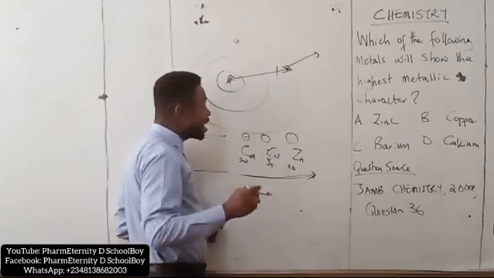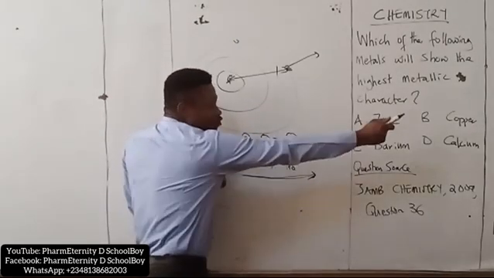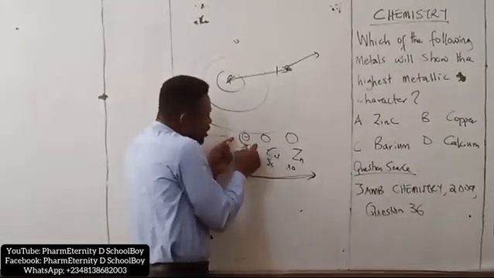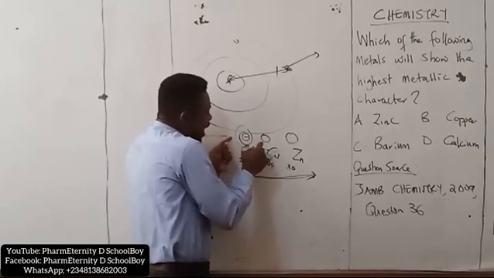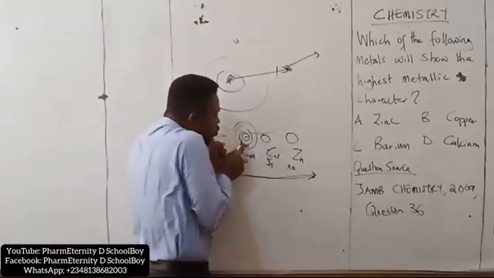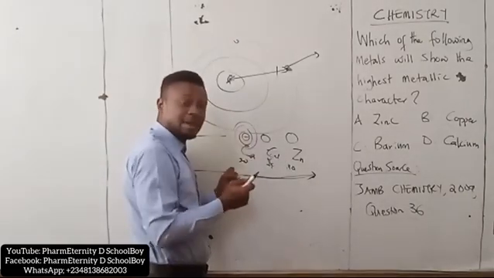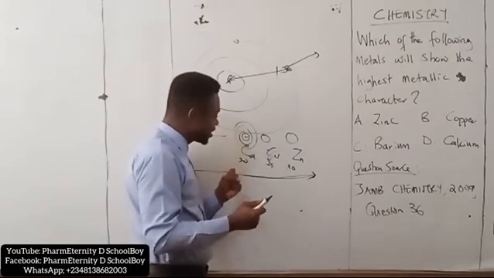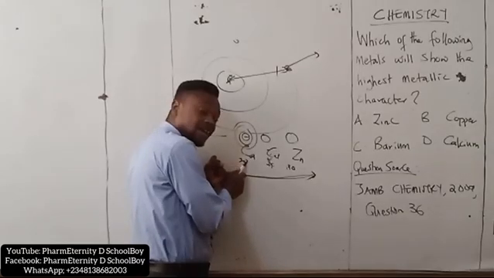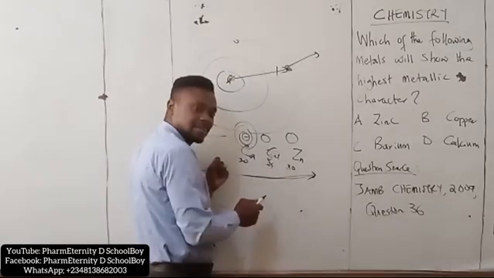What it then implies is that there will be more attraction as you move in this direction. So the atomic radius will be somewhat smaller as you move from calcium to zinc. That means the attraction is stronger, so it requires more energy. Copper will require more energy than calcium for the outermost electron to go, and the same with zinc.